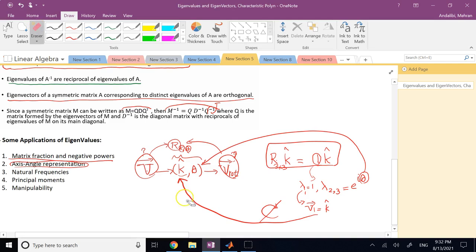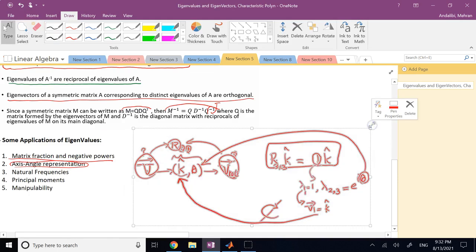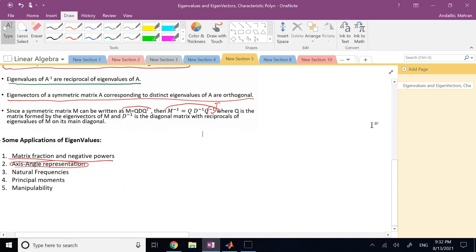Another place that we talk about eigenvalues is vibration problems and natural frequencies. Okay, you can easily show that in a multi-degree of freedom system. Let's say, for example, I have a system like this, a 2 degree of freedom system.